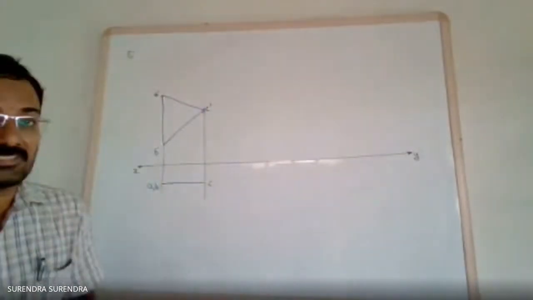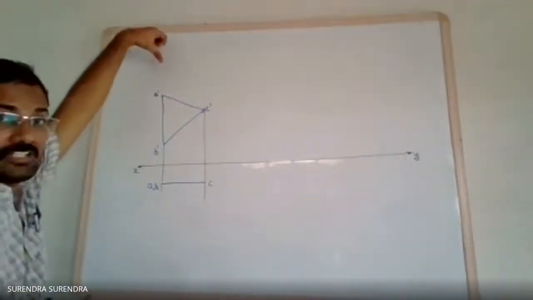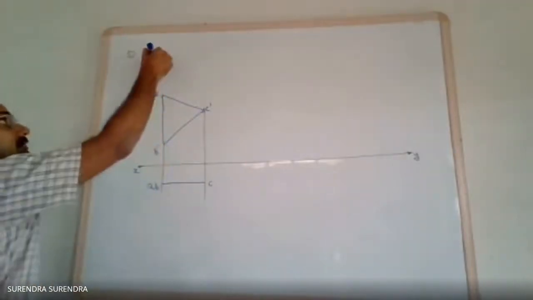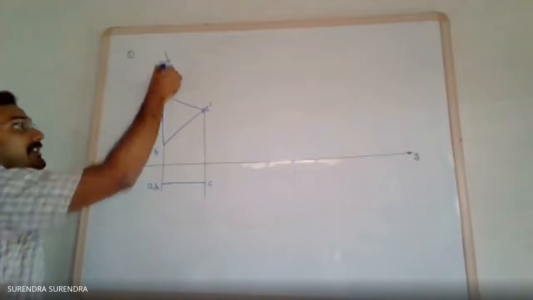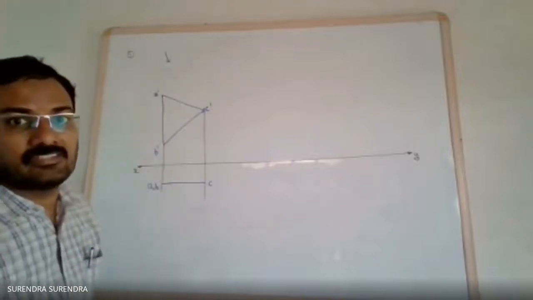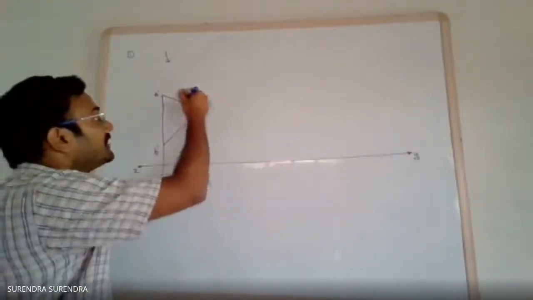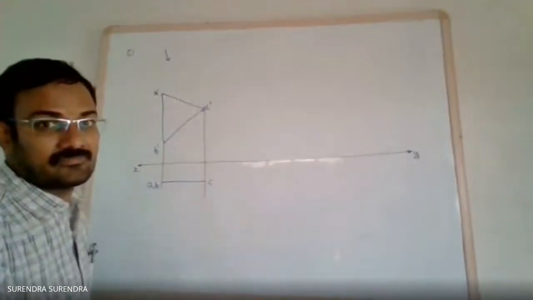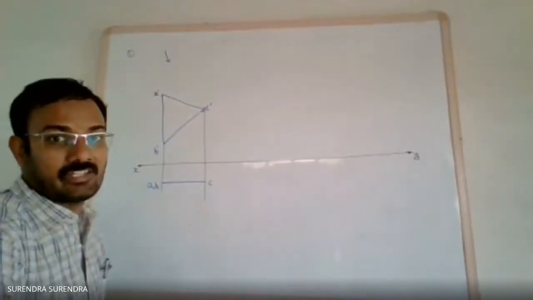When you are seeing exactly from the top, looking at the triangle in this direction, we can see only the edge AC.